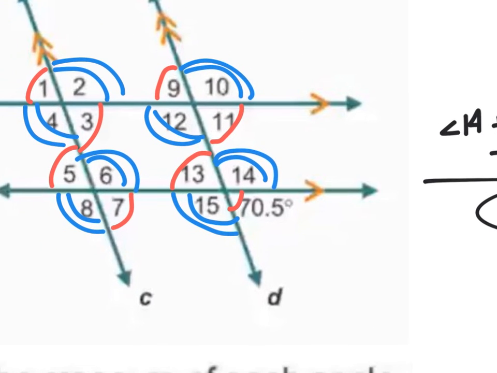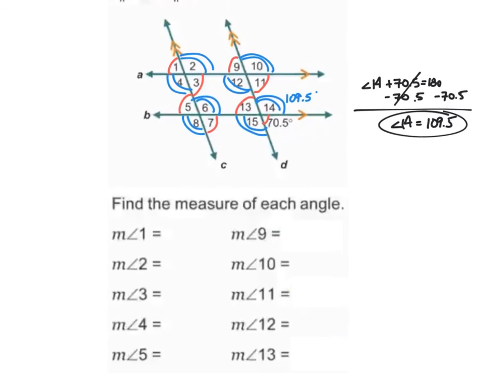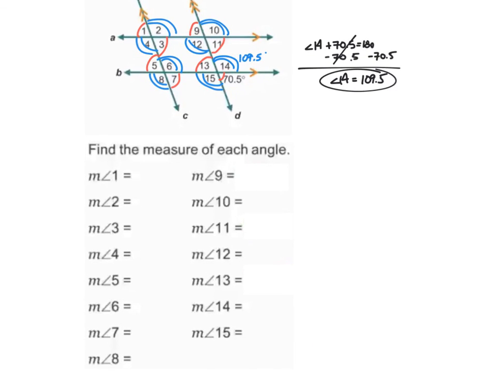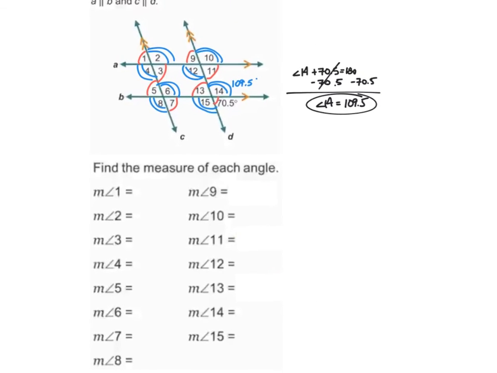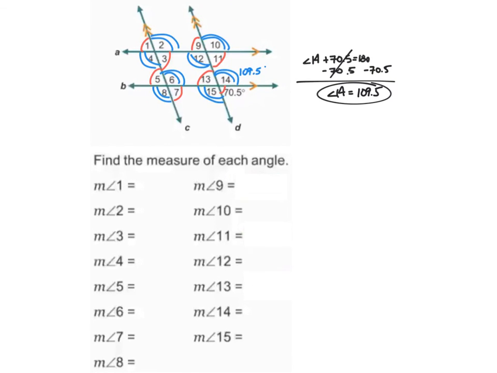So I'm going to come in here and write this in, that this is 109.5 degrees. Knowing what those are, I can now find the measure of each angle. Let's go through the red ones first. Angles 1 and 3 are 70.5. 5 and 7 are red, so 70.5. 9 and 11, so 70.5.